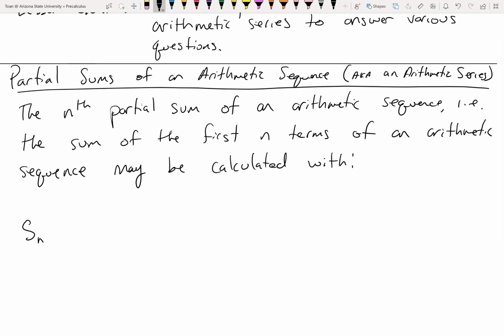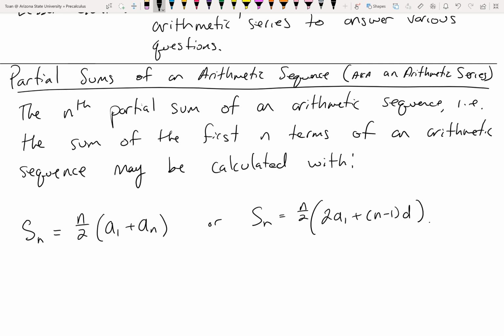So S sub n is equal to n over 2 times the first number plus the last number, or S sub n is equal to n over 2 times 2 times the first number plus n minus 1 d.